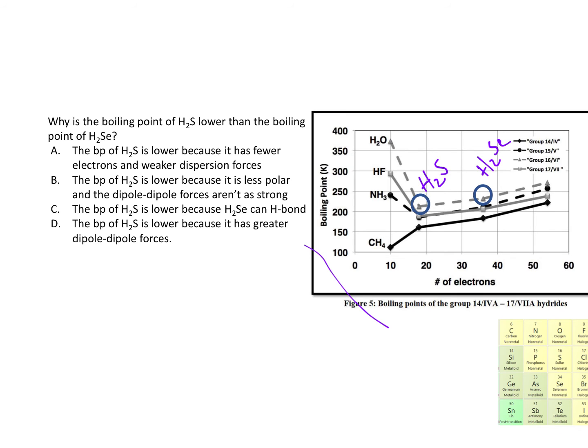So we have fewer electrons and weaker dispersion forces in H2S, correct? That's true. The structures of these are going to be the same, and they're going to be the same as water.